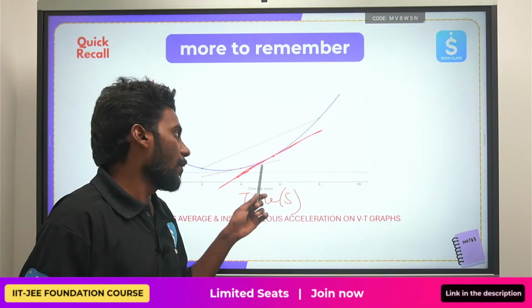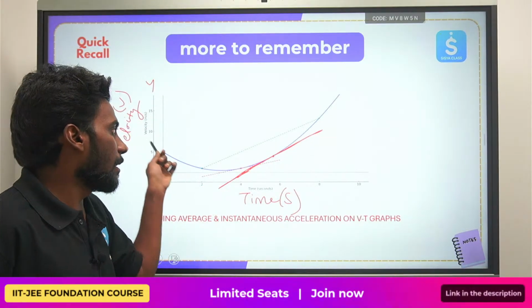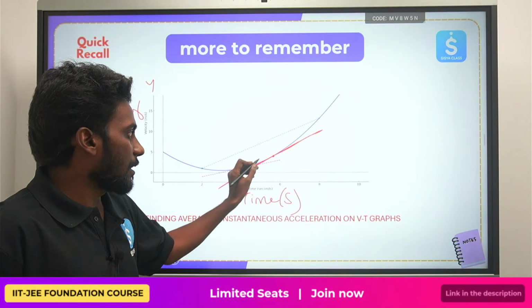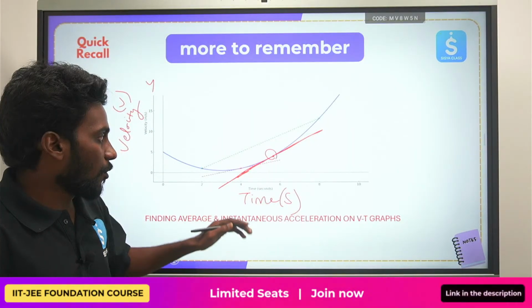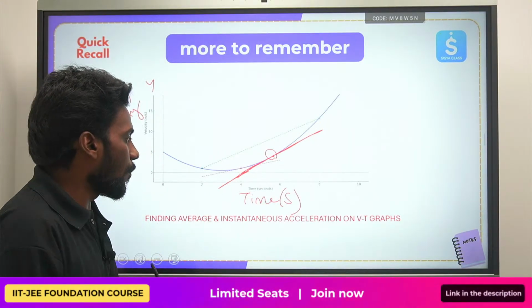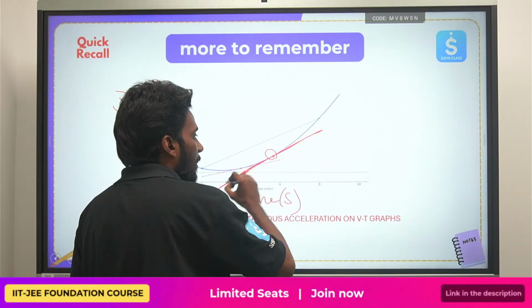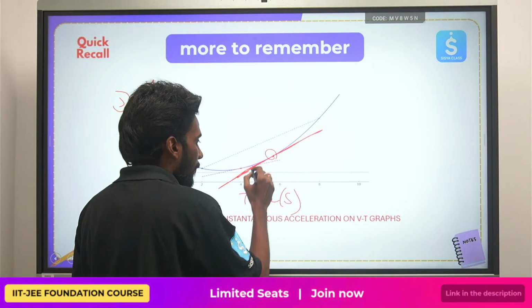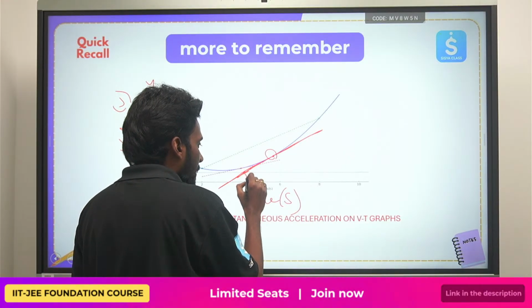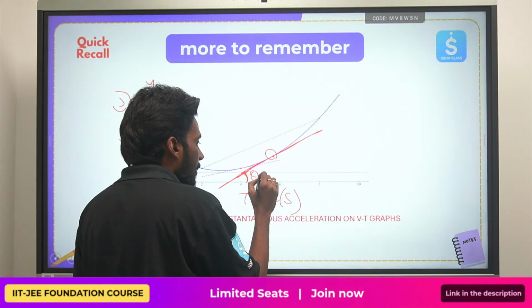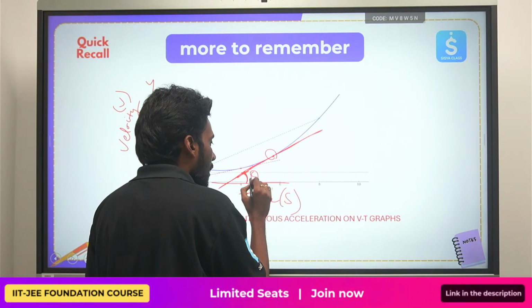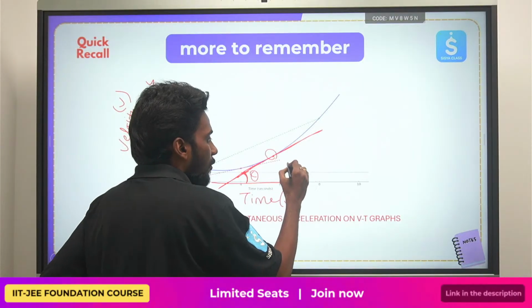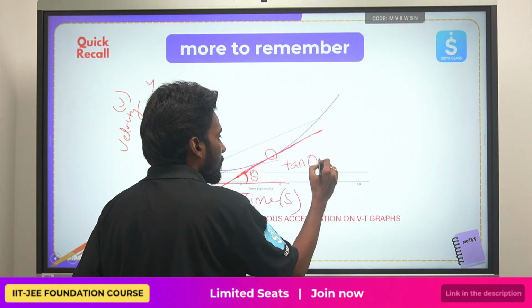Whenever you are drawing a tangent to a particular curve, this tangent will be touching that curve at only one single point. If you find the slope of this line, you need to measure the angle that this tangent is making with the x-axis, and then take tan theta.